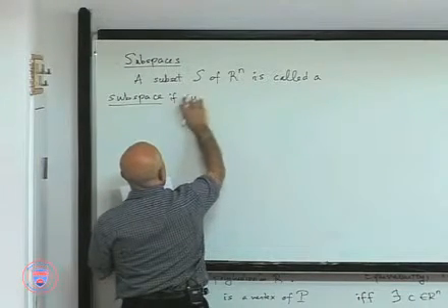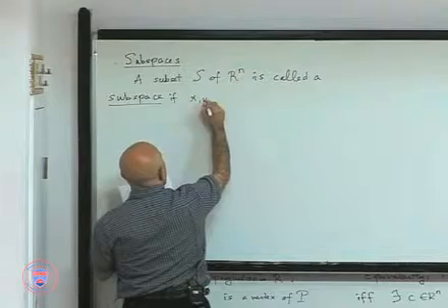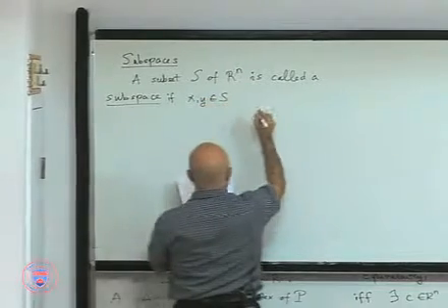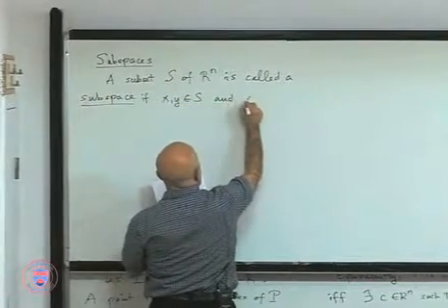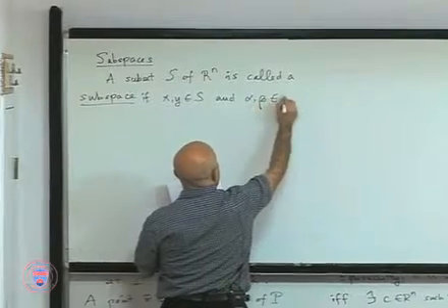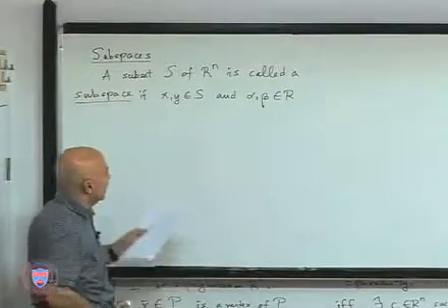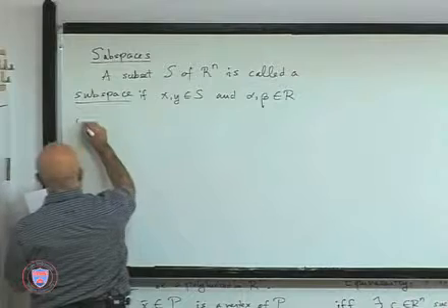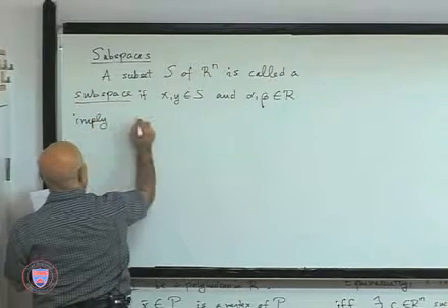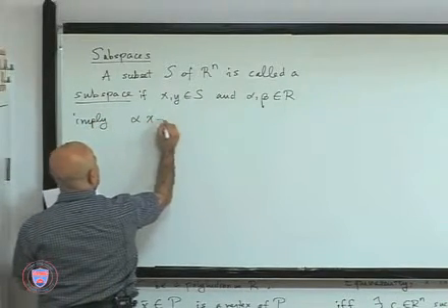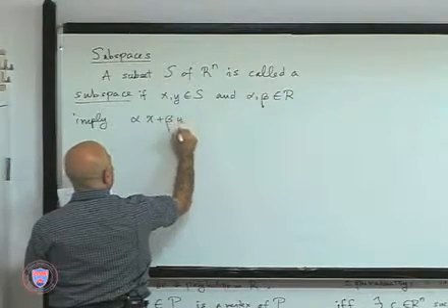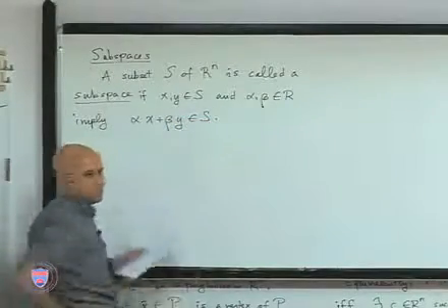If x, y in S and alpha, beta being real numbers imply the linear combination alpha x plus beta y is also in S.